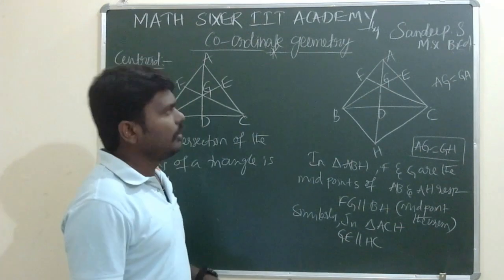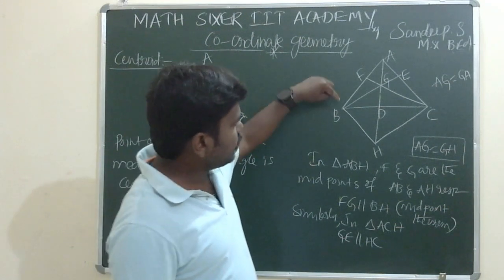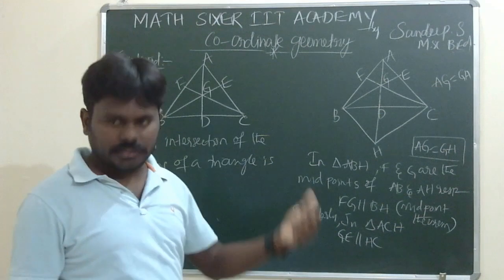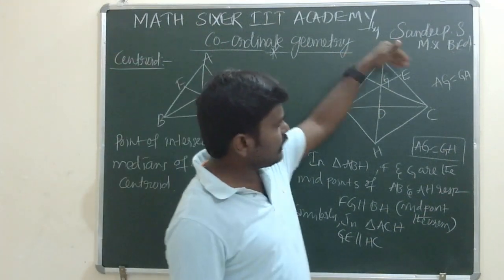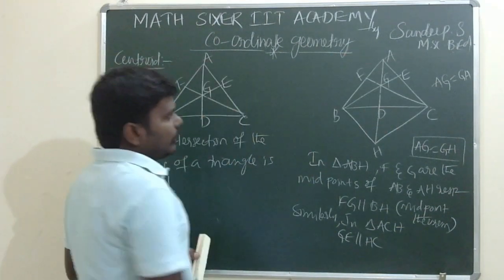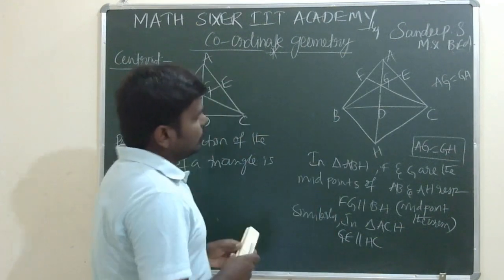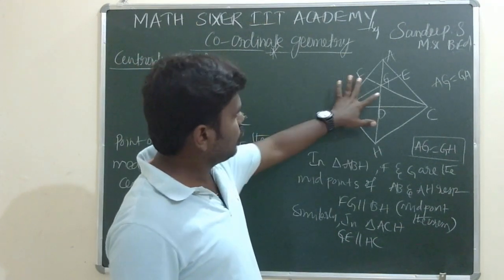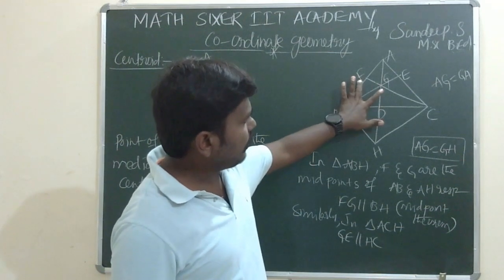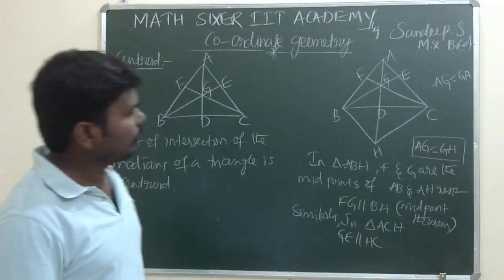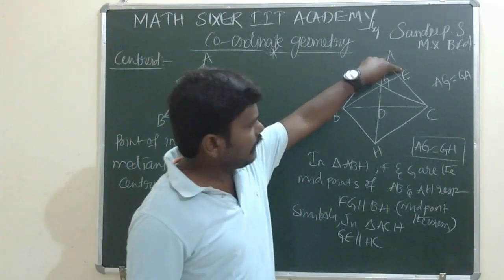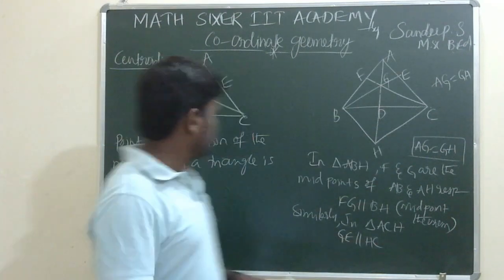That means when you see the quadrilateral BECH, FG is parallel to BH, and GE is parallel to HC.